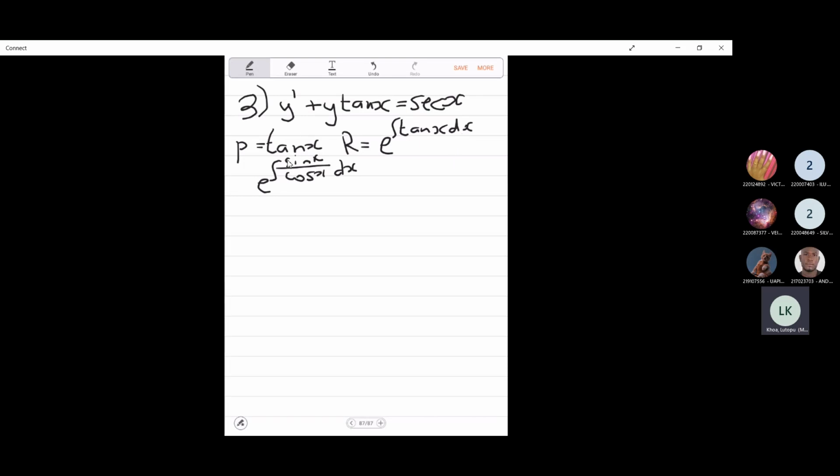The numerator would be the derivative of the denominator if we had a negative here, so I add a negative here and a negative outside. Now this is e to the power of minus ln of cos x, which is e to the power of ln of sec x, which is sec x.